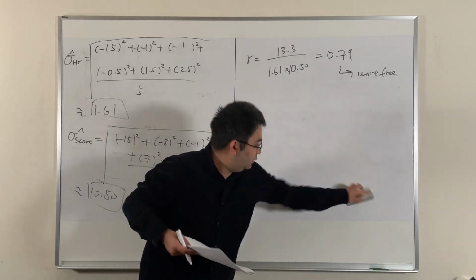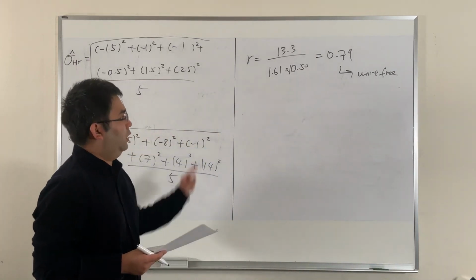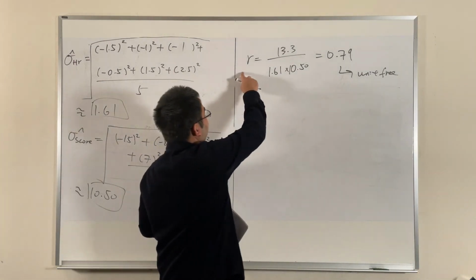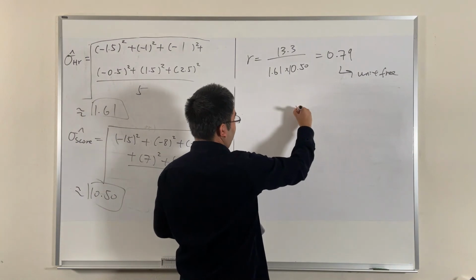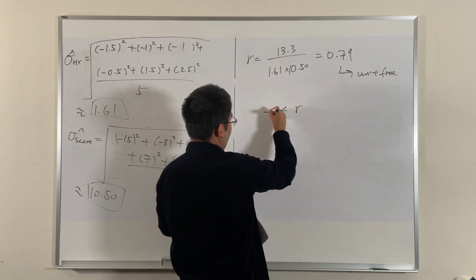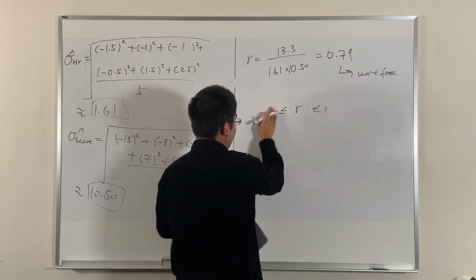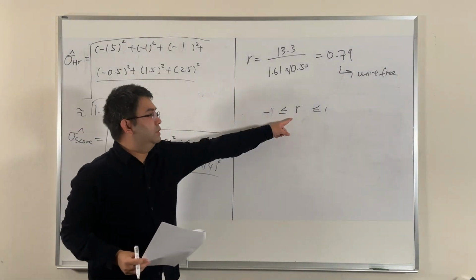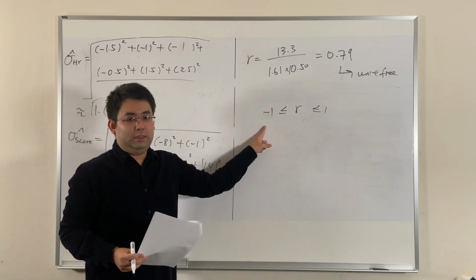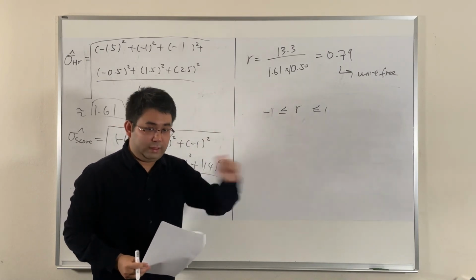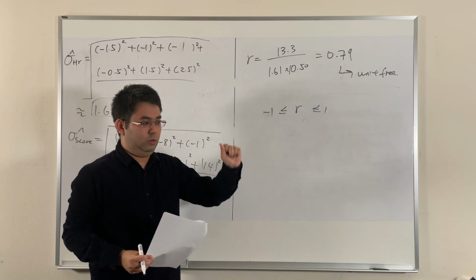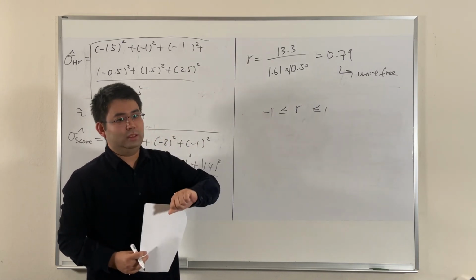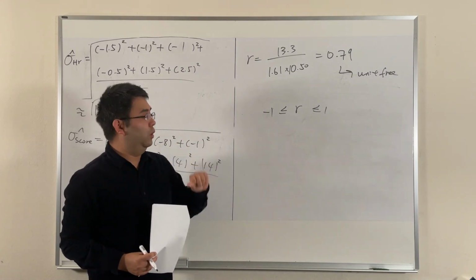Now let's talk about R, Pearson's R. The index we get is between -1 and 1. If this value is -1, the two variables are perfectly negatively correlated. So if one variable goes up by 1 unit, the other goes down by exactly 1.